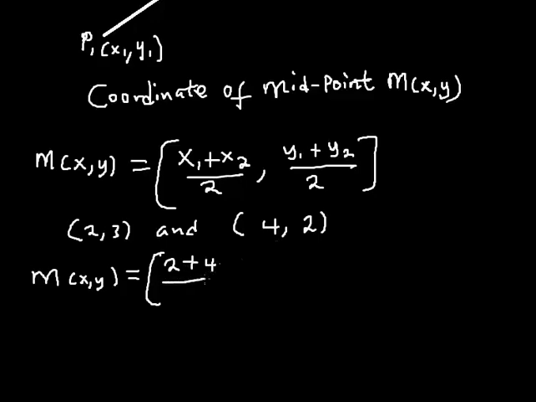You divide by 2 comma, the same thing goes with y. y1 is 3 and y2 is 2. Then of course divided by 2. So of course you know that will now be 6 all over 2, right? Which of course is 3. Then 5 all over 2.